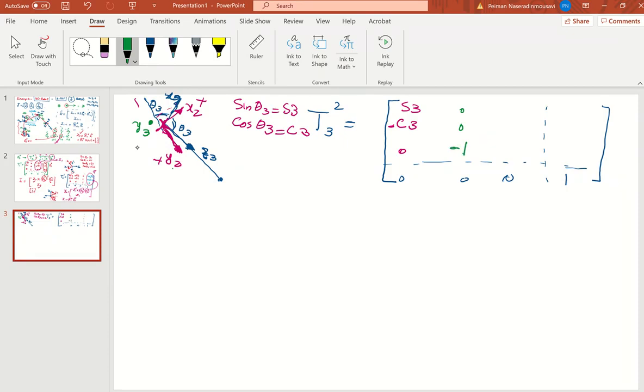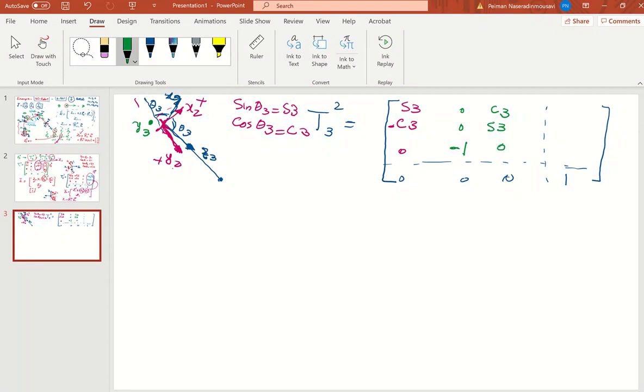Now z3 with respect to x2 is plus cosine theta 3. z3 with respect to y2 is sine theta 3, and z3 is normal to what? Because it's inside the page, it's going to be 0.